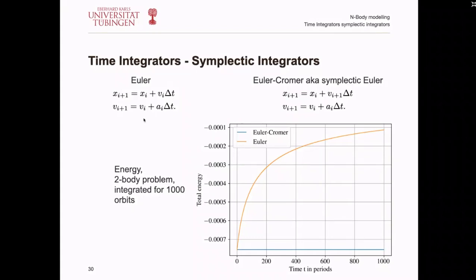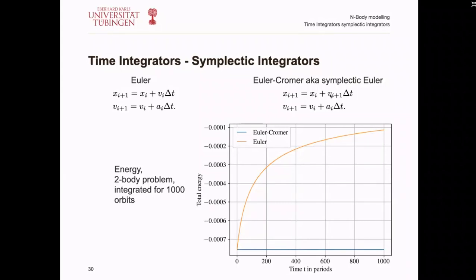And you see the only difference between these two schemes is that in the symplectic Euler, you use the velocity that you calculated before to calculate your new positions. Okay, that's the only difference. In the standard Euler, you just use the velocity from your old position, your old time step, to calculate the new locations.